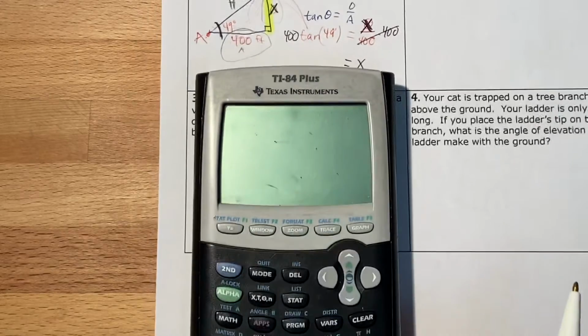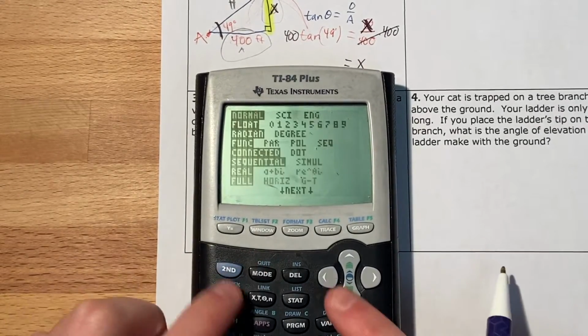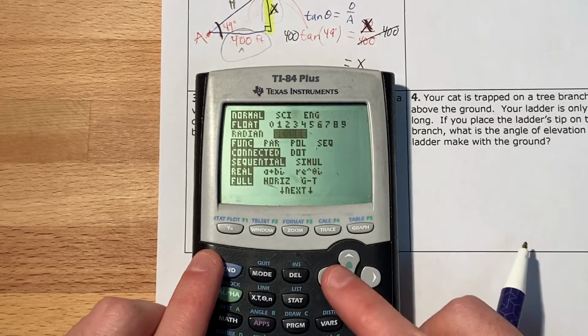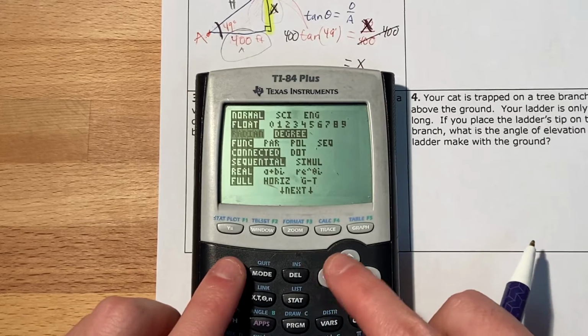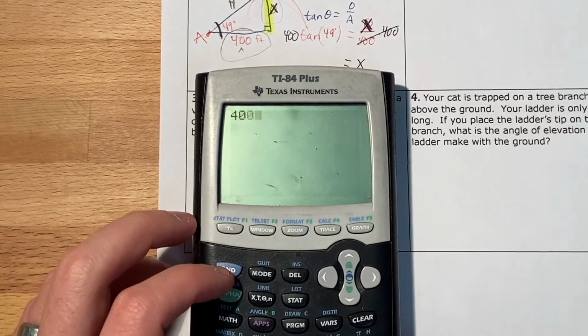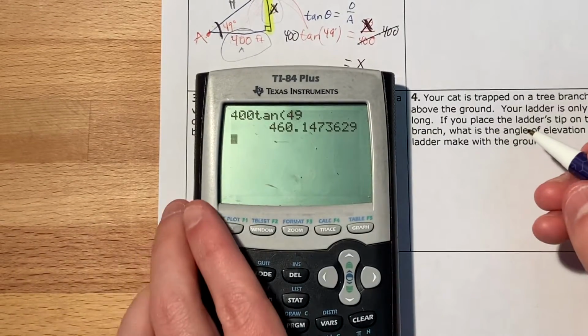So first of all, on the calculator, do double check that it's in the right mode if you're using one of these. If you're using Desmos, then it should automatically be in degree, but otherwise you'll need to change it. And I'll just do 400 tangent 49, and there you go. 460.